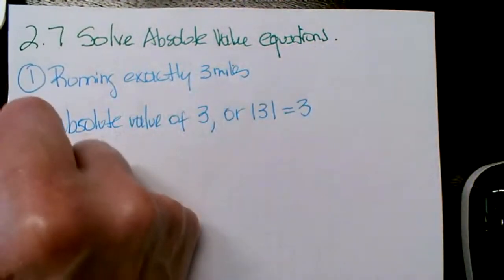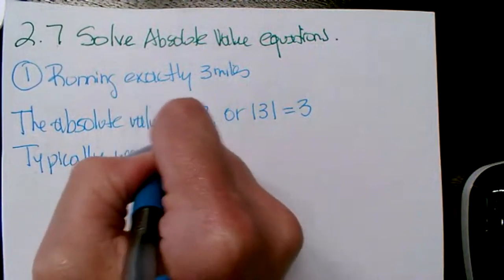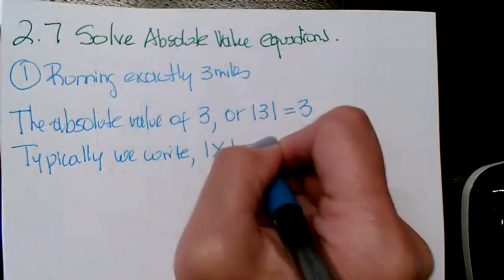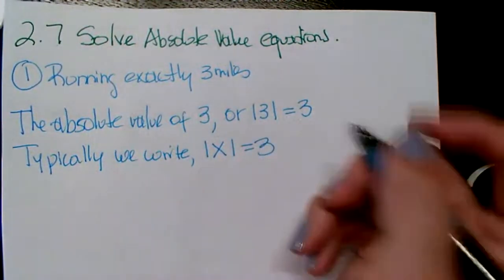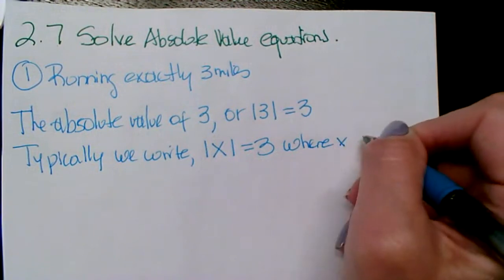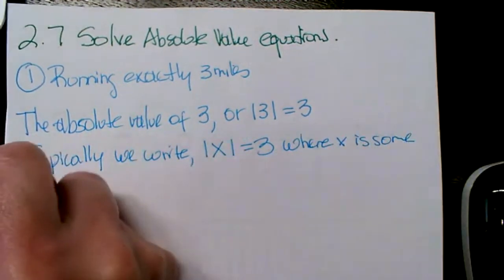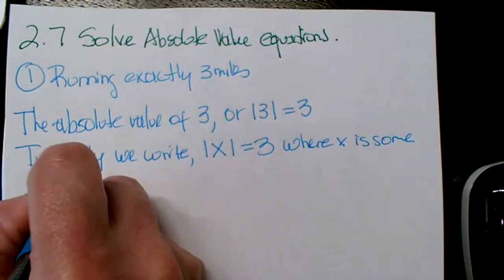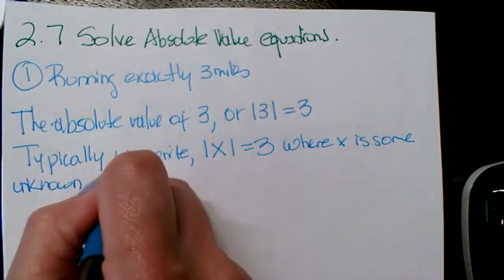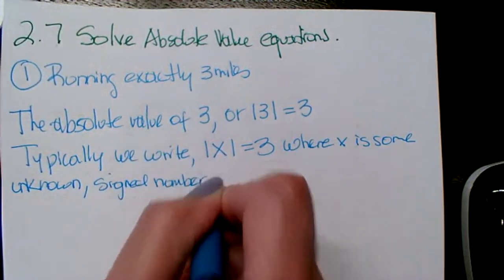And typically we write it as the absolute value of x is equal to 3, where x is some unknown signed number. Okay.